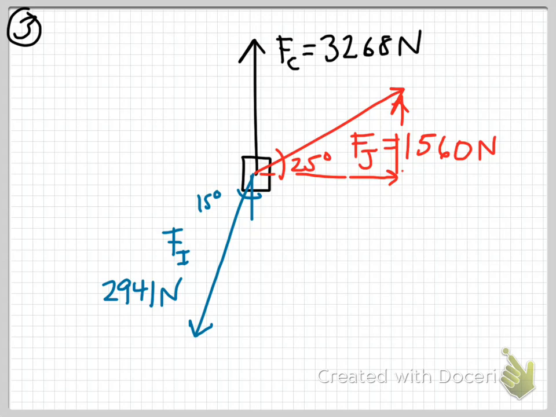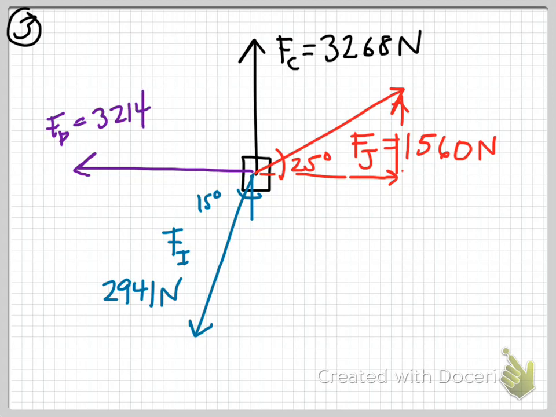And then Damien is pushing due west at 3,214. Force of Damien, 3,214 due west. This is bookkeeping.